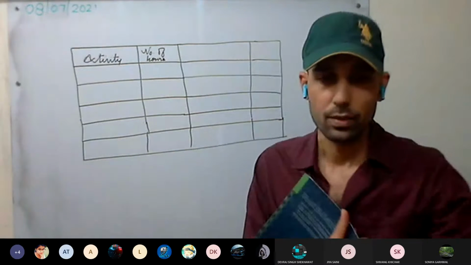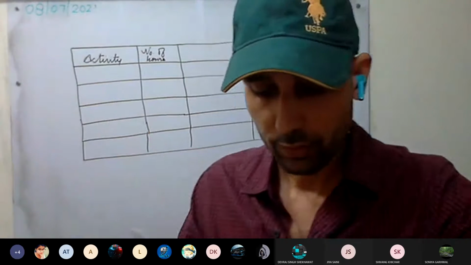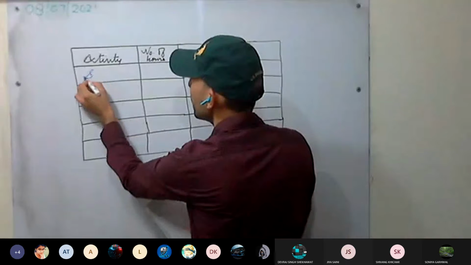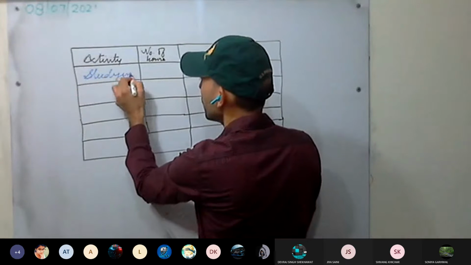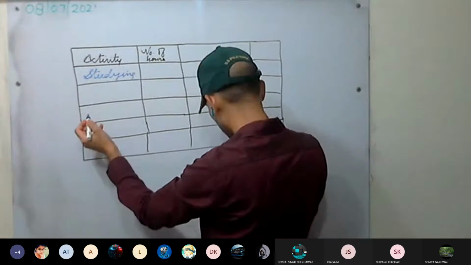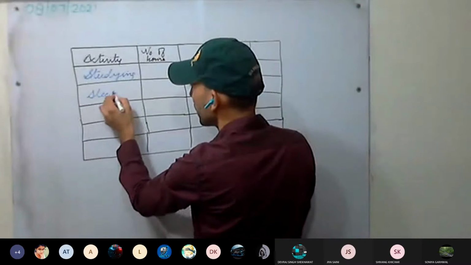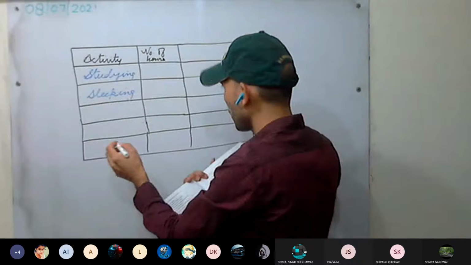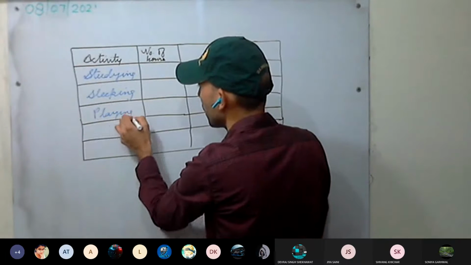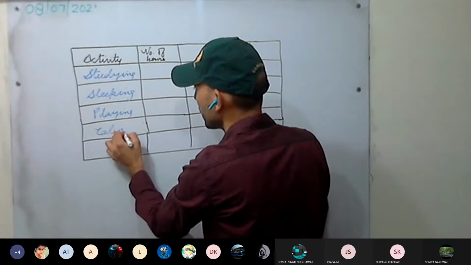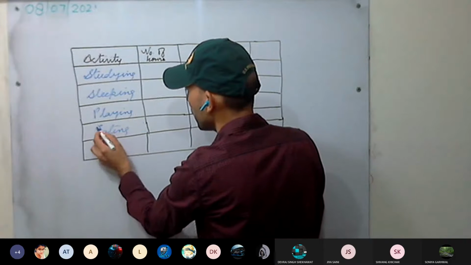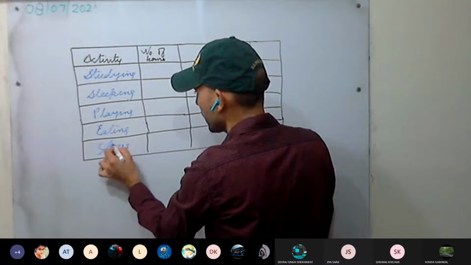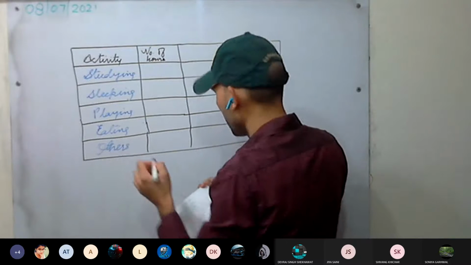So the activities are: first one, studying. Second, sleeping. Third one, playing. Eating. And others, that is all remaining activities you put in others.